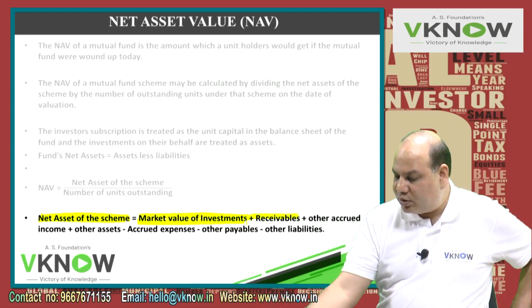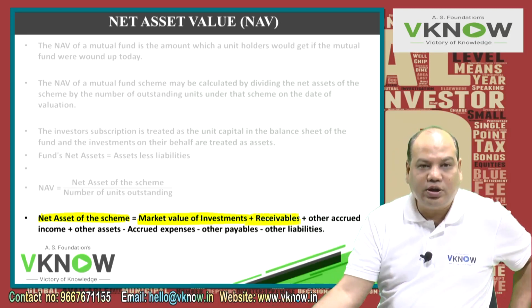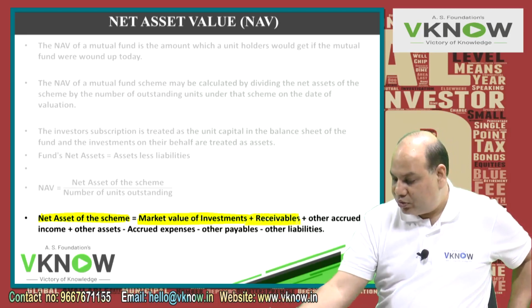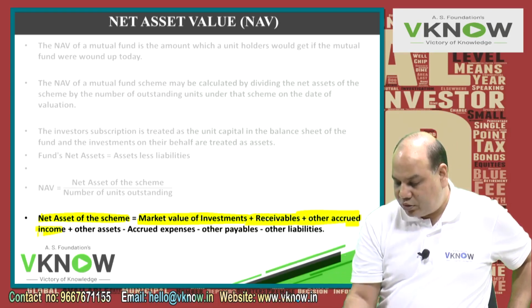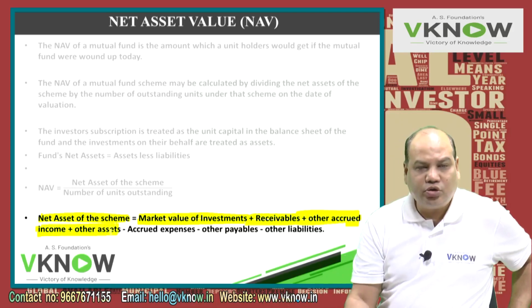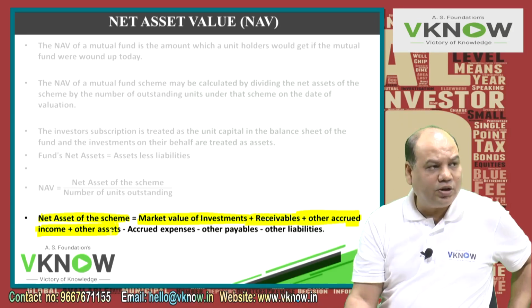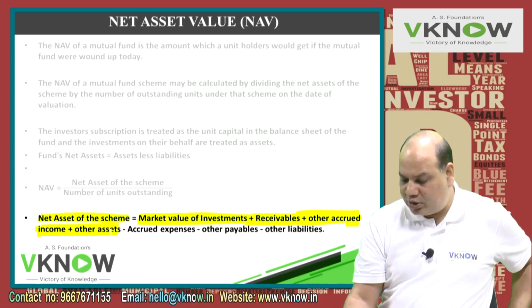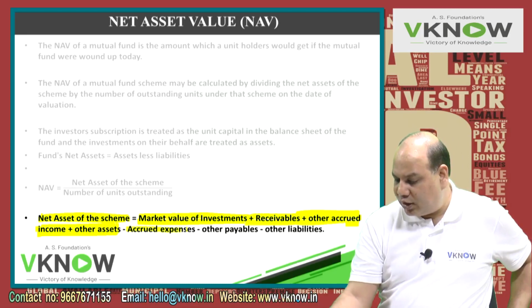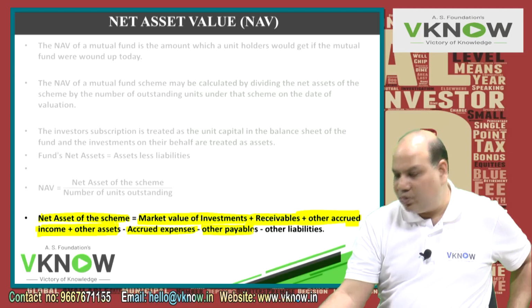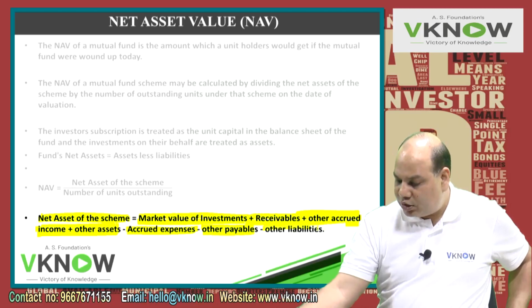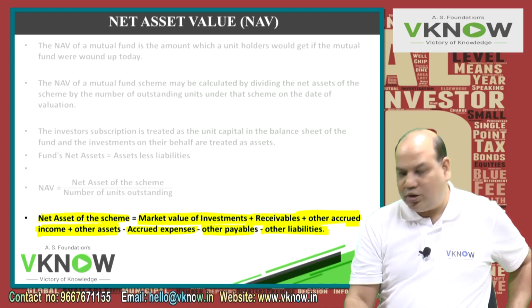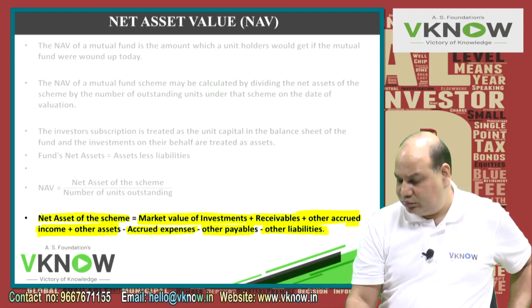Plus there may be some receivables like interest receivable, dividend receivable, or other accrued income, or any other asset like cash in hand, because not everything is invested, some cash in hand, some cash at bank would be there, and minus any liability like accrued expenses or other payables like fees payable or expenditure payable.